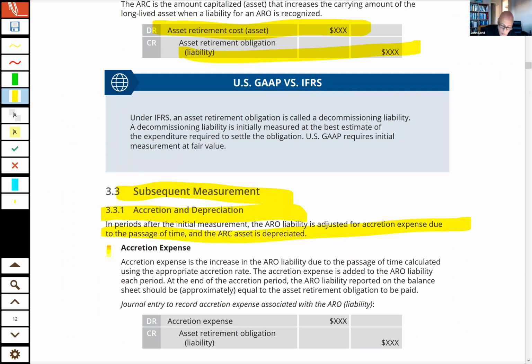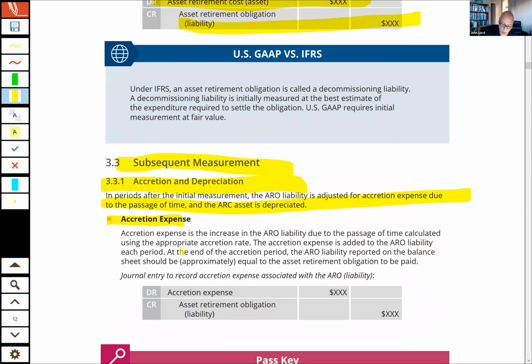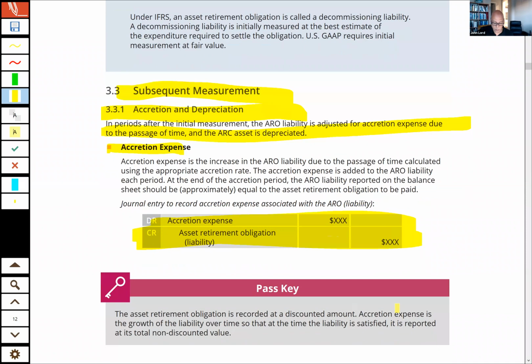Okay, and so we will basically take into expense over time the amount that we set up for that liability as we're pulling the coal out of the ground or whatever it is. We'll figure out that we're getting closer to the day when we're going to have to clean this thing up. And so we'll take expense year by year as we get closer to the day when we're finally going to have to make the cleanup, right?